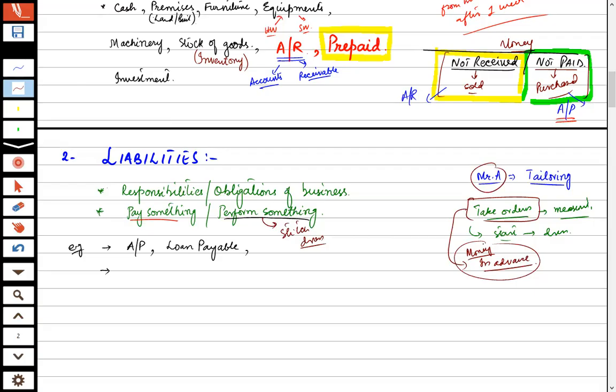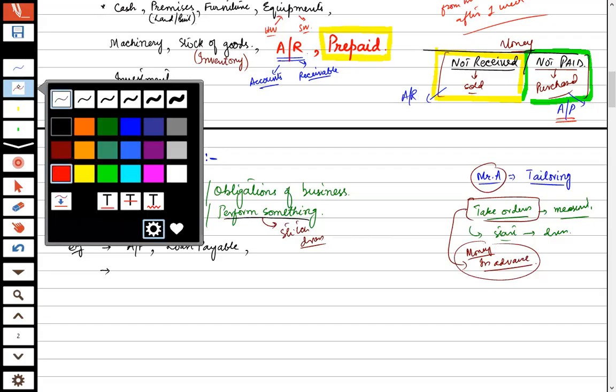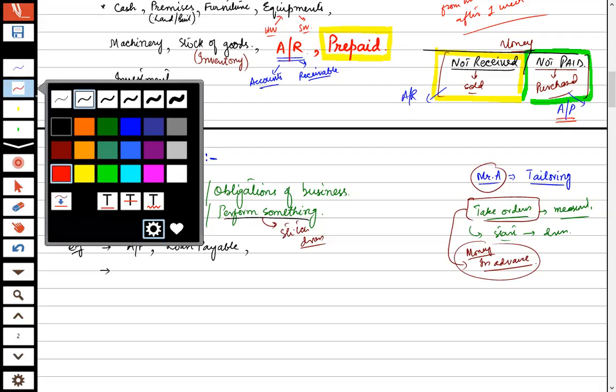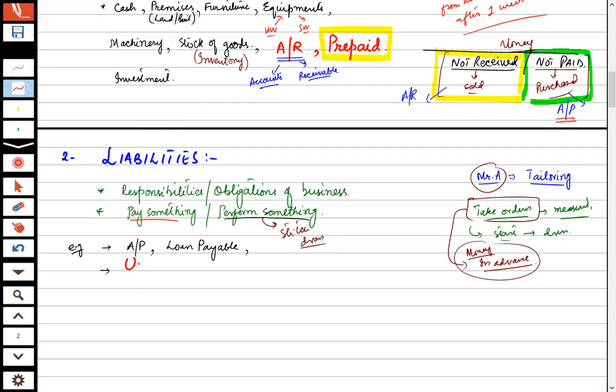Likewise, it may be in tuition as well, where many teachers get the fees in advance. When they get fees in advance, they have to teach the student throughout the month or the week, whatever the case may be. So this is the liabilities case. They have to perform something, and getting money in advance is known as unearned.